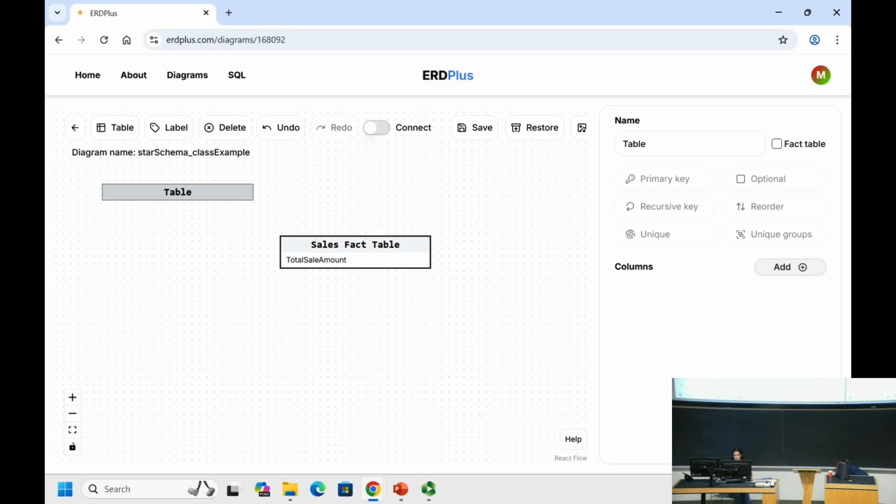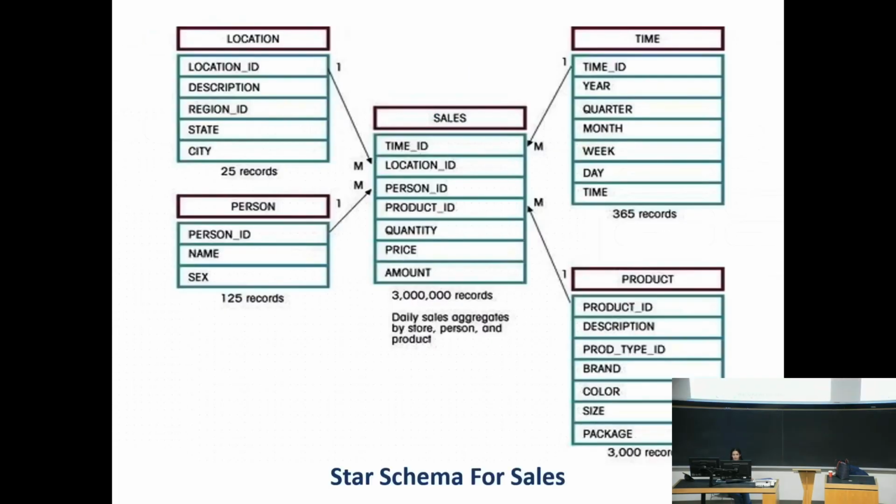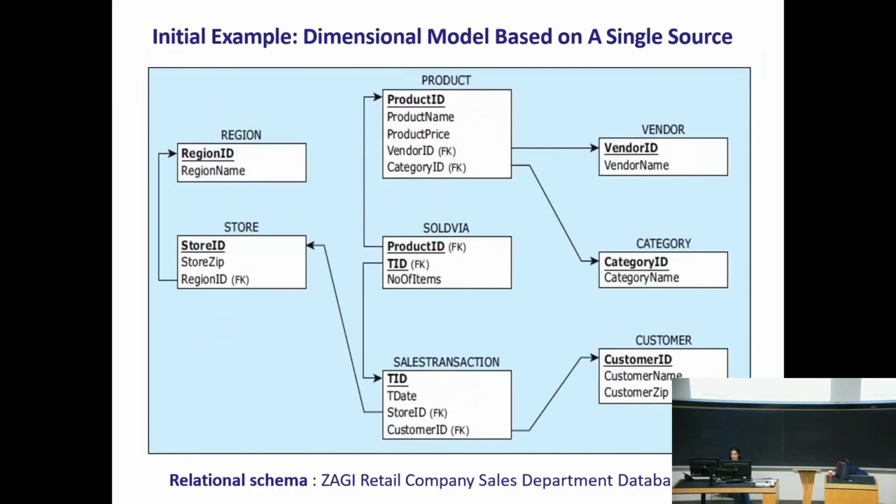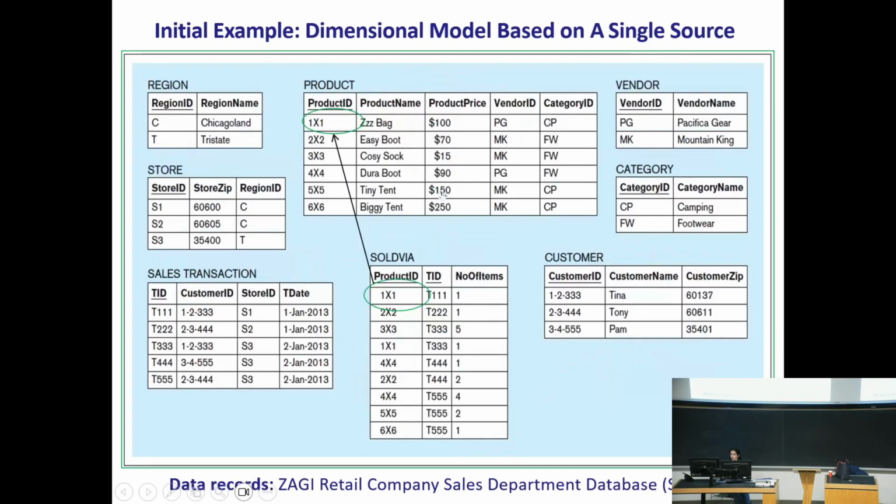So back to the slides. If you see your relational schema, or the tables in your transactional operational databases, you can see that in the sales transaction, we have transaction date, right?